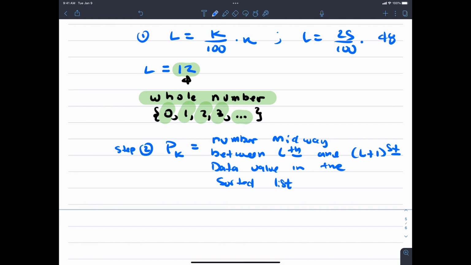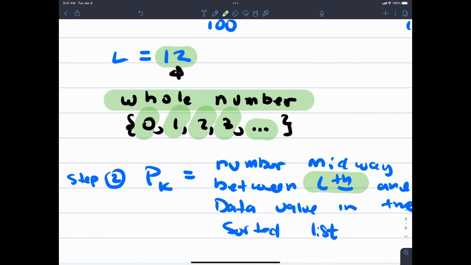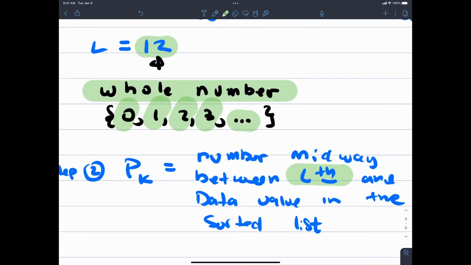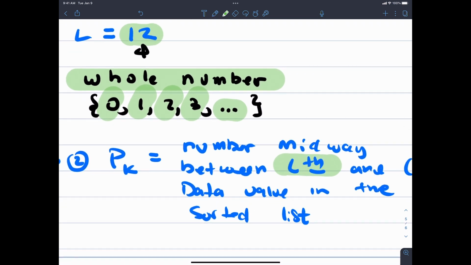So this is going to have to take some explanation here. The L, you guys already know what L is. It's a locator. In this example, it was 12. Is that okay?